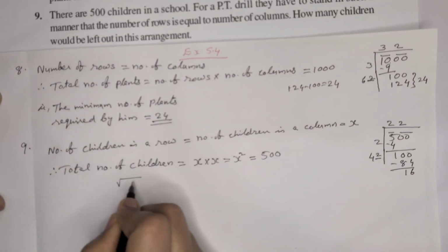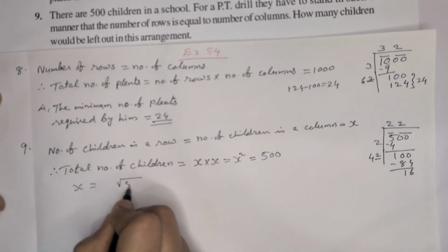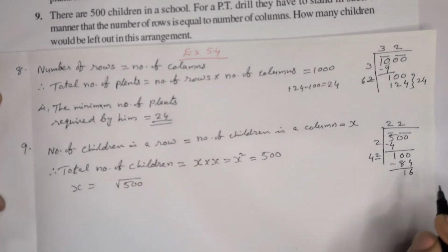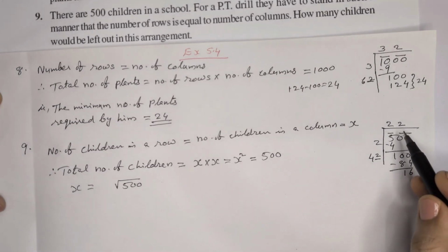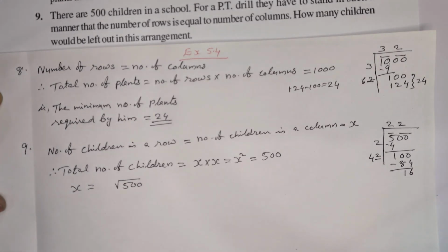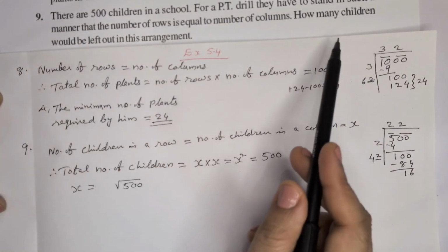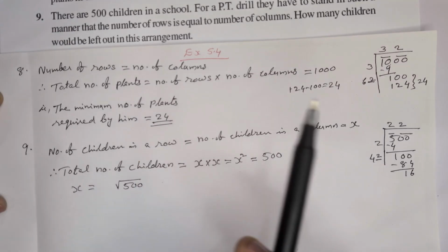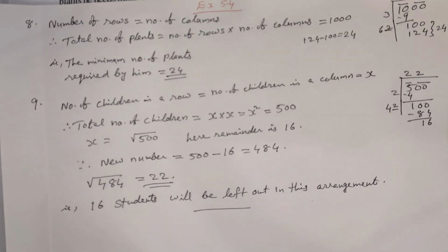That means X is equal to root of 500. And here we are getting 16 children left out, if we are taking 22 children in a row and 22 children in a column. So we can write here the question, how many children would be left out in this arrangement? 16 children were left out.